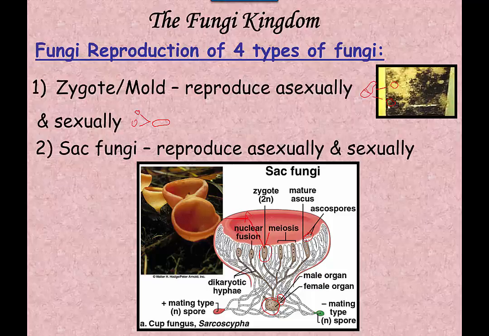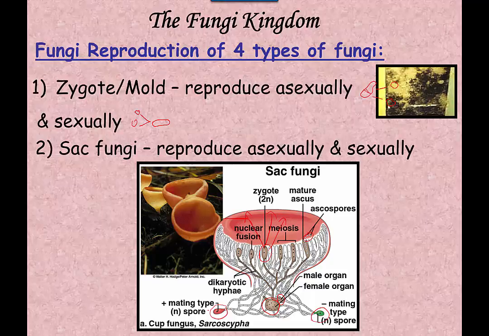And when it bursts out, this fungi will get a little bit smaller. However, we also have the male and female organs here, and when that occurs, you end up with what we call a positive mating type and a negative mating type spore. And these spores then have to find each other in order to sexually reproduce and create another cup fungus.